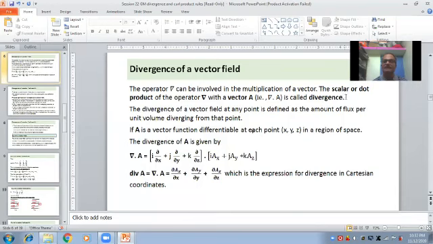So we have to take the scalar product of del with any vector, which gives another quantity called the divergence of that vector. The divergence of a vector field at any point is defined as the amount of flux per unit volume diverging from that point.